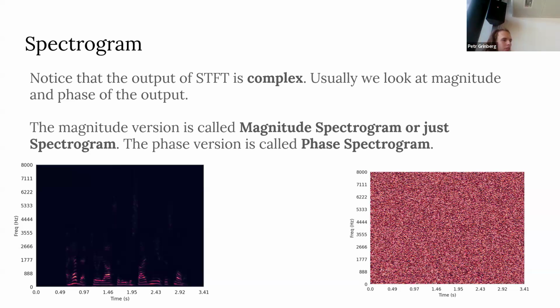Notice that we apply this absolute value and argument calculation element-wise. So we have a complex matrix, and element-wise we take the absolute value to get the magnitude spectrogram, and the argument to get the phase spectrogram.